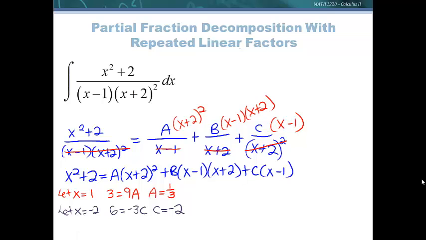That's great, but how are we going to find b? What we're going to do is choose another x, and it's not one that's going to zero anything out, but we've already got the a and the c, so we will substitute those in with the x that we choose, and then we're going to be able to find b. So maybe I will just let x equal 0. I just picked 0 because 0 usually makes things a little easier.